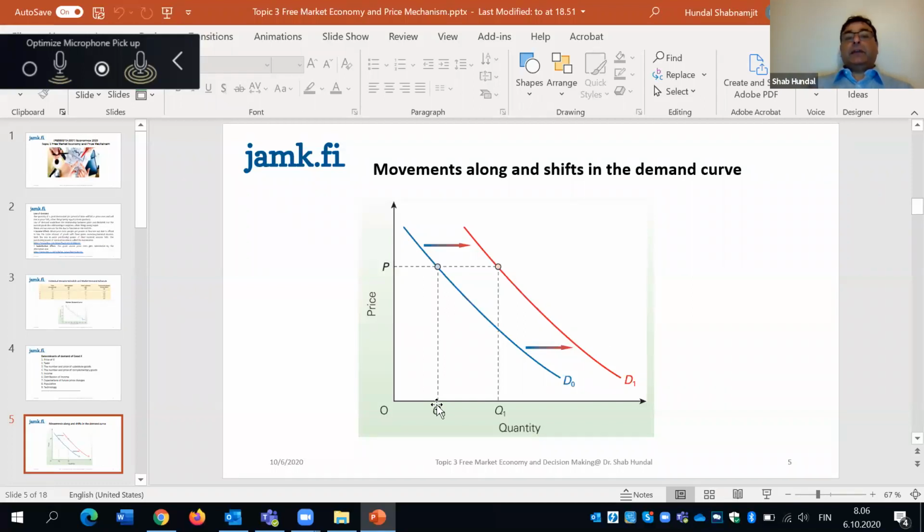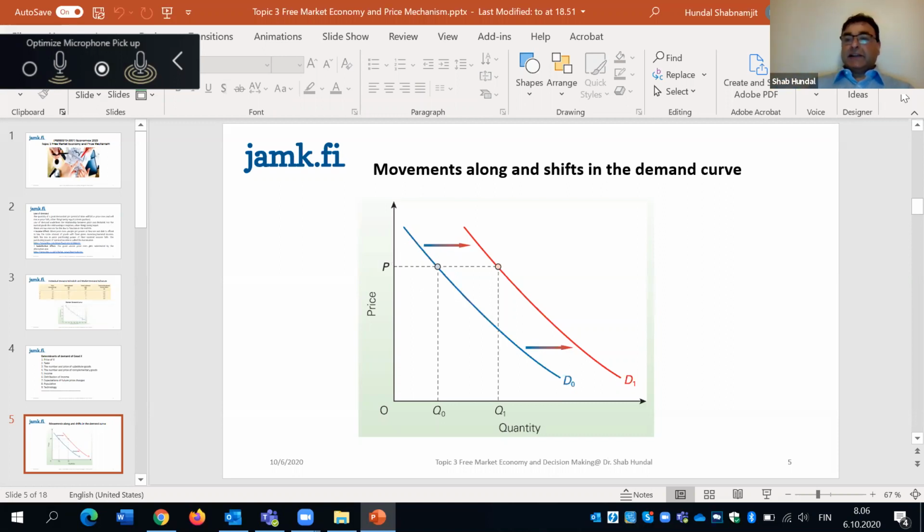But the very important thing is the starting word which I used, ceteris paribus, the other things being equal. So in this blue line, my assumption is that the only thing which varies is the price.